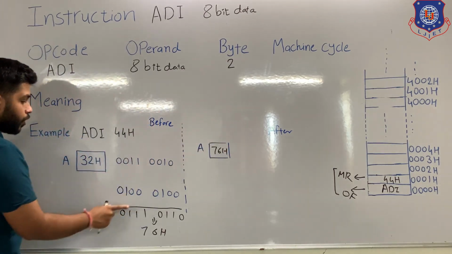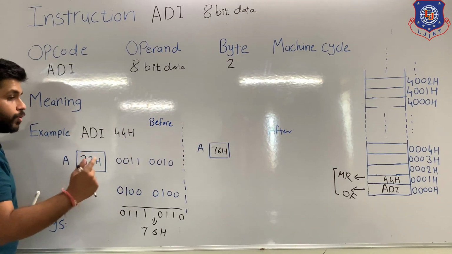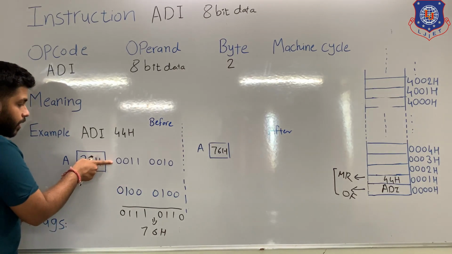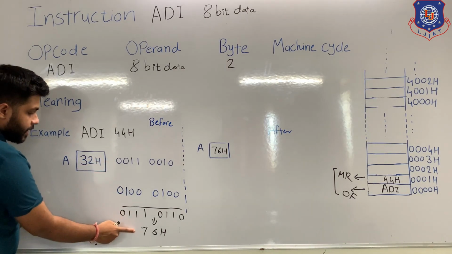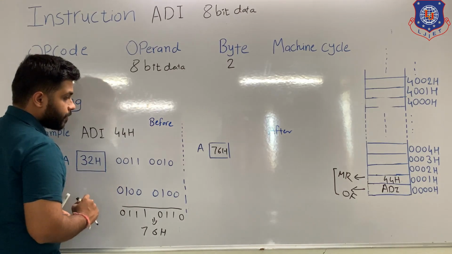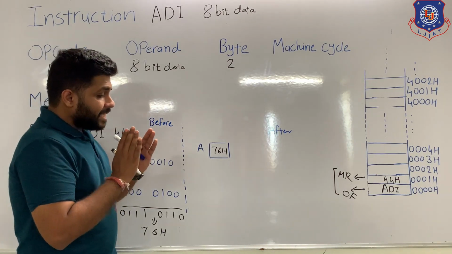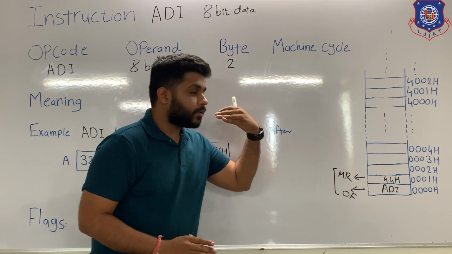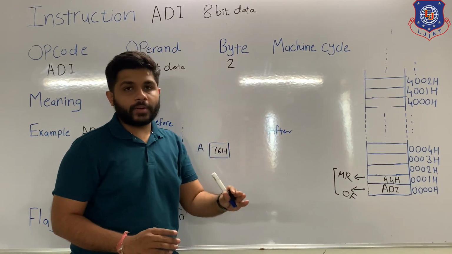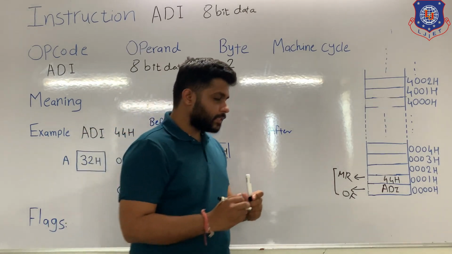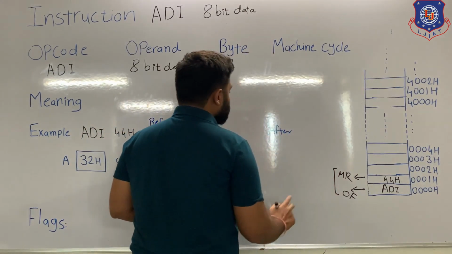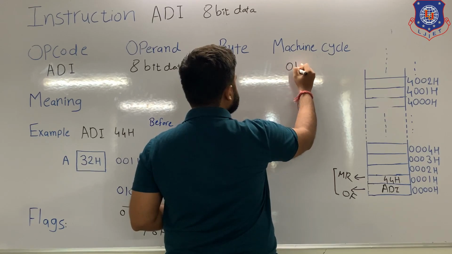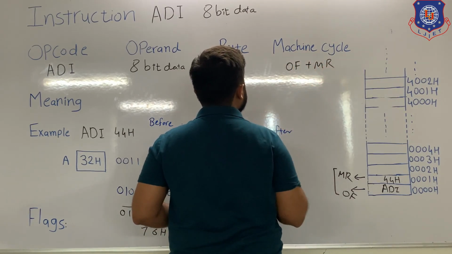So 44H is already present, and during the execution, the content of accumulator and the 44H will be added and the answer will be stored in the accumulator. So in the execution process, the microprocessor is not reading any data from or to the memory. So it means for this instruction only 2 machine cycles are required, that is opcode fetch plus memory read.